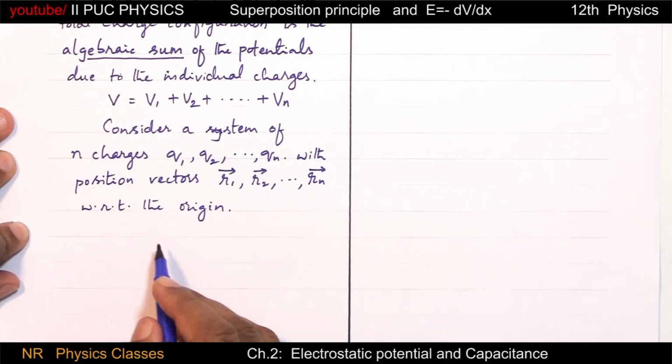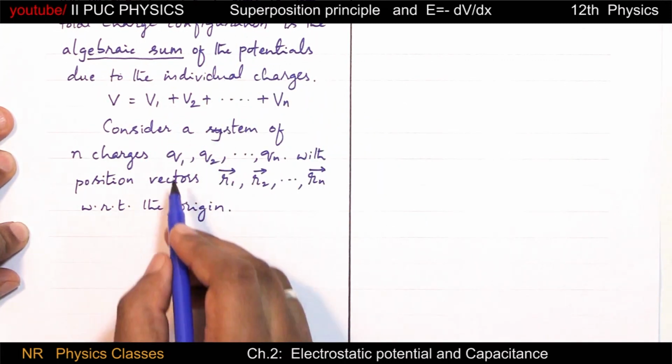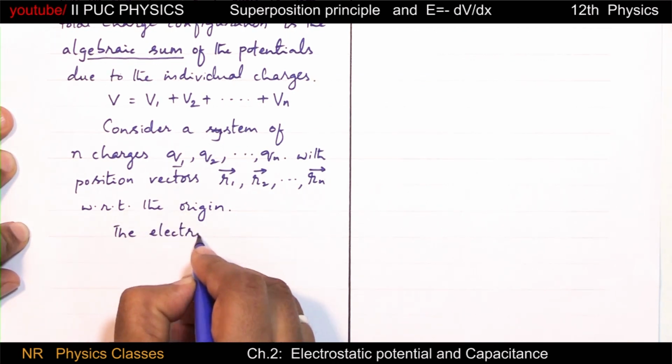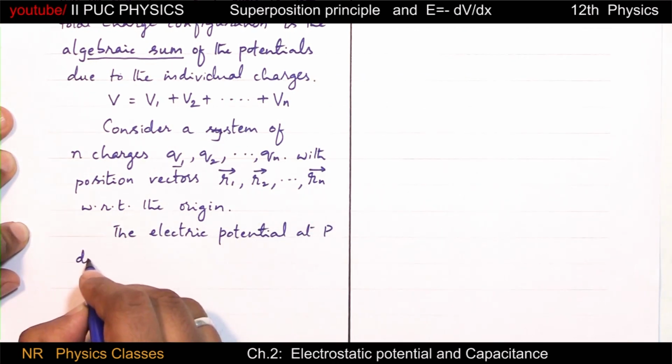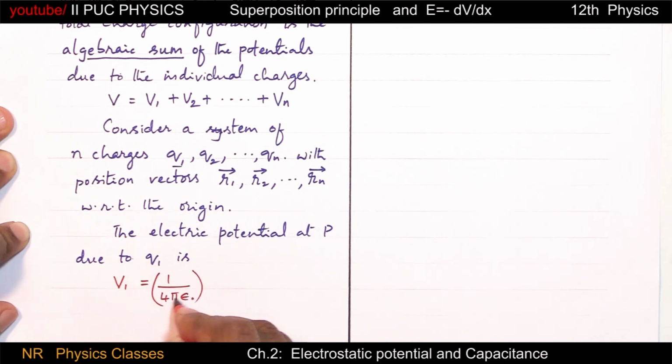The electric potential at point P due to charge Q1 is V1 equal to the constant 1 by 4 pi epsilon naught into Q1 by R1P.